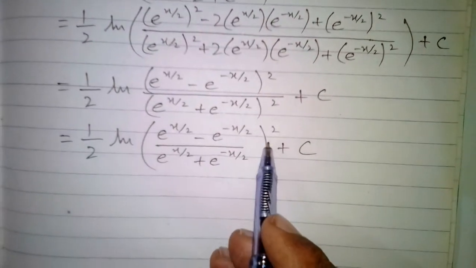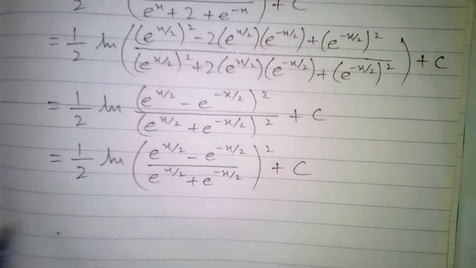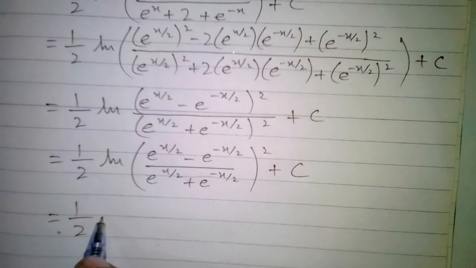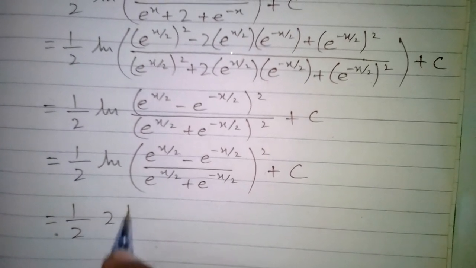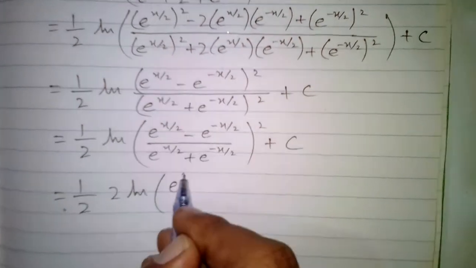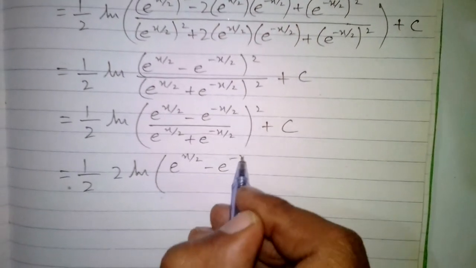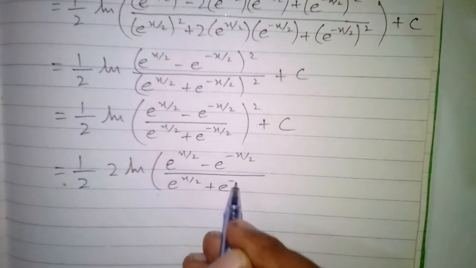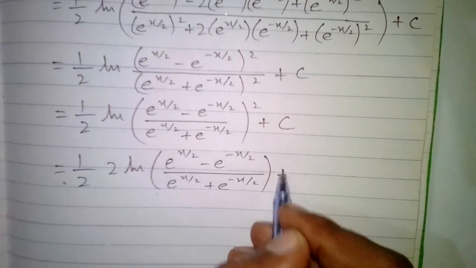Now we can make this 2 the coefficient of ln, so we have half times twice of ln e to the power x upon 2 minus e to the power minus x upon 2 over e to the power x upon 2 plus e to the power minus x upon 2 plus c.